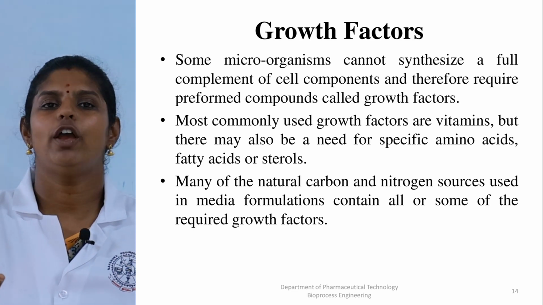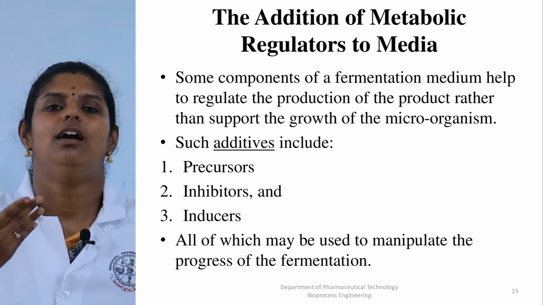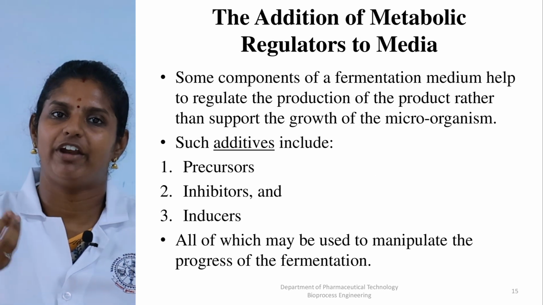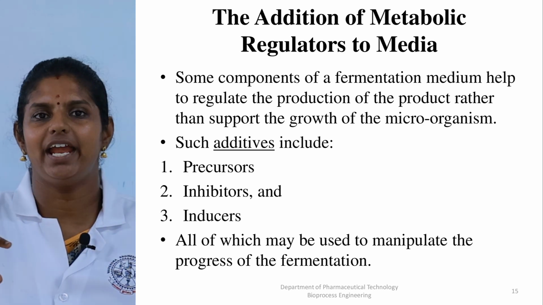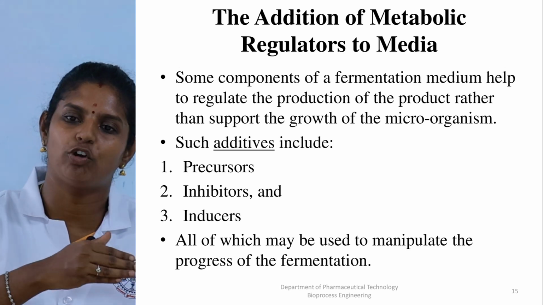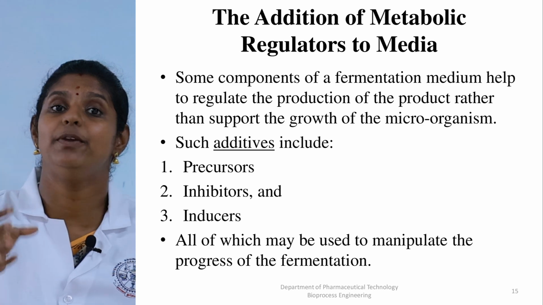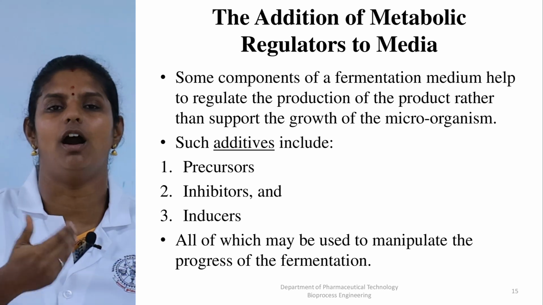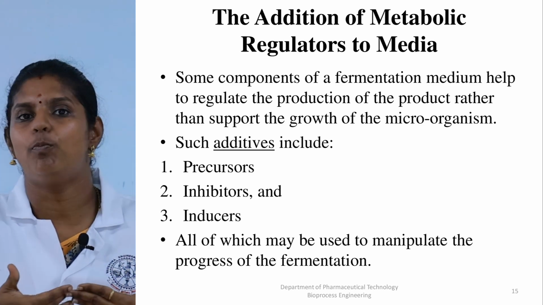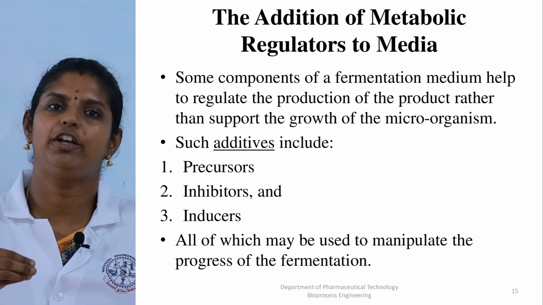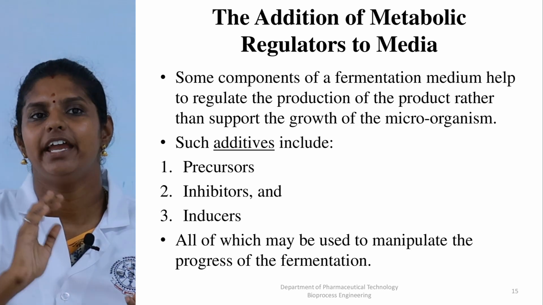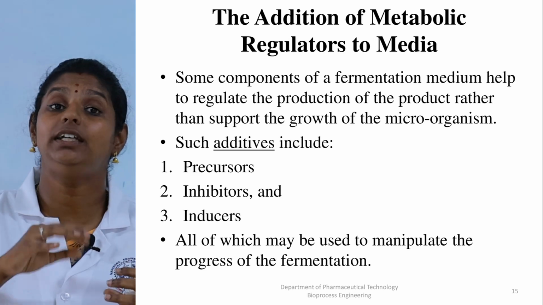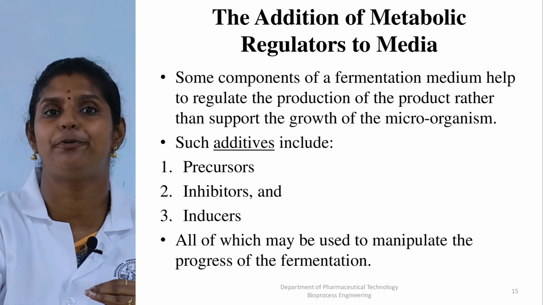And now we are going to see the other metabolic regulators which are used in the media. When we see metabolic regulators, it is not just about the microorganisms' growth, and they are used for their own primary compounds. It is also important to add additives like precursors, inhibitors, inducers depending on the type of the product being produced.